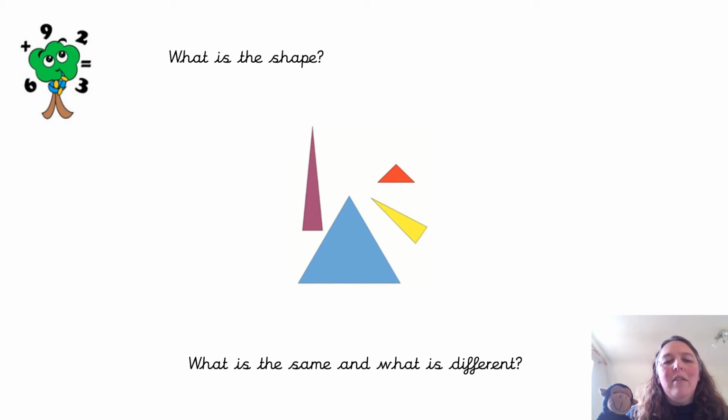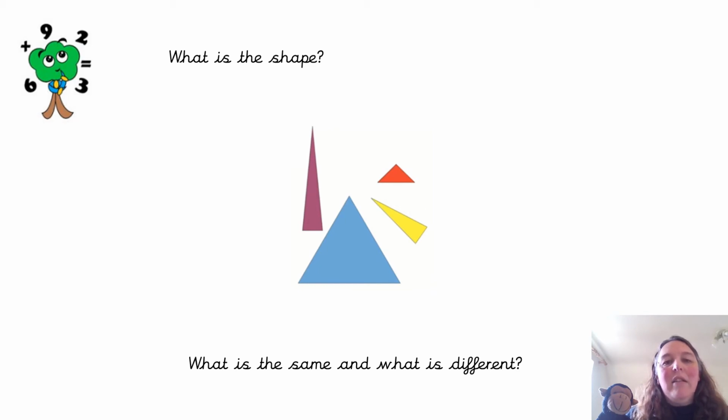How many sides do each of these shapes have? Shall we count them together? 1, 2, 3. All of them have 3 sides, 3 straight sides. How many vertices? Where each side comes together with another side.